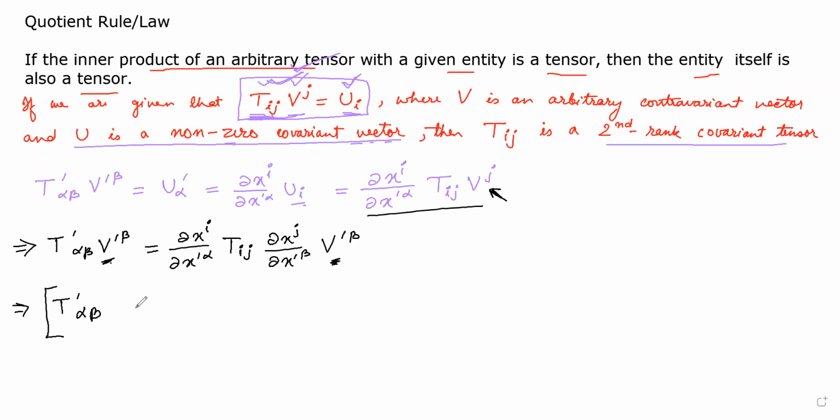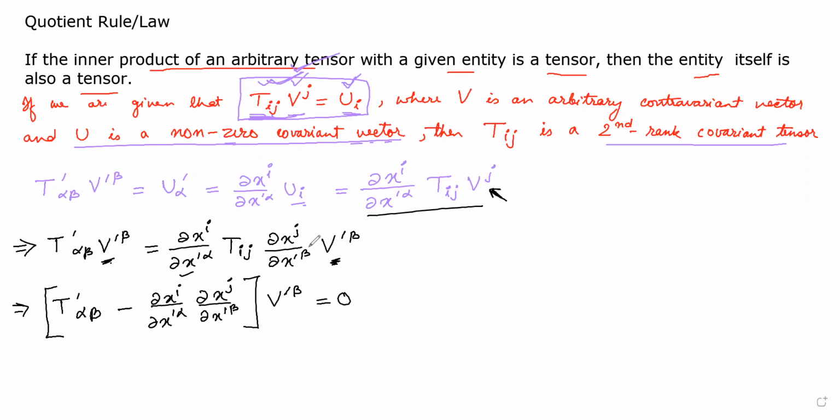T prime alpha beta minus, so this first term, dou xi by dou x prime alpha, dou xj by dou x prime beta, V prime beta equal to 0. So I have taken the terms on the right hand side to the left hand side and I have taken V prime common.